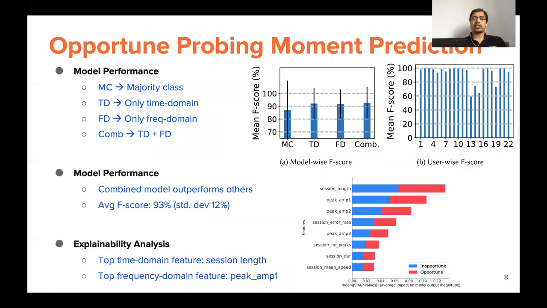One is TD, which is based on only time domain parameters, FD, which is based on only frequency domain parameters, and then the combined model, which combines both the time domain and frequency domain characteristics. We evaluated these models and obtained an average F score of 93%. By running the explainability analysis, we have seen that session length and peak amplitude 1 are the top 2 discriminating factors between inopportune and opportune moments.